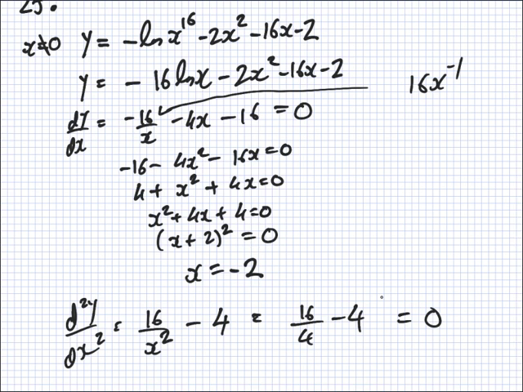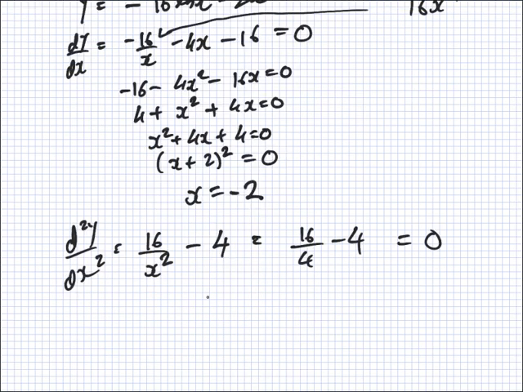Oh, yeah. Right, so if we look at the flow chart, first we differentiate and got 0. Then we differentiate and got 0 again. So the next thing to do? Differentiate again. So what will that be? That'll be minus 32 over x cubed. Now if I put in minus 2, I'll get a minus over a minus.